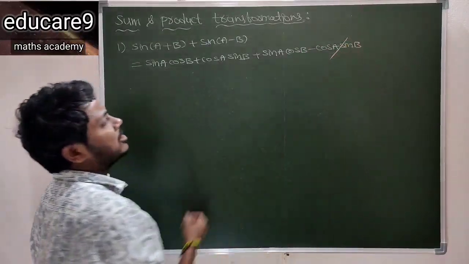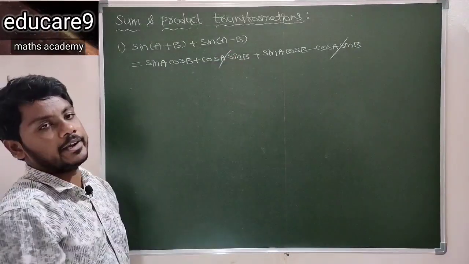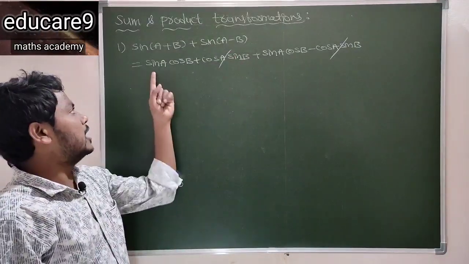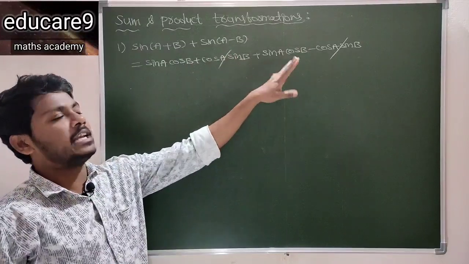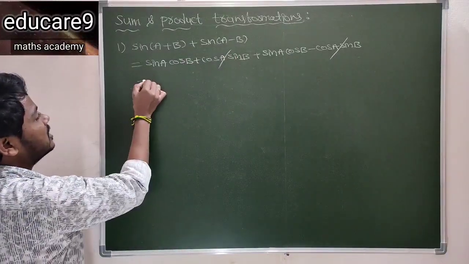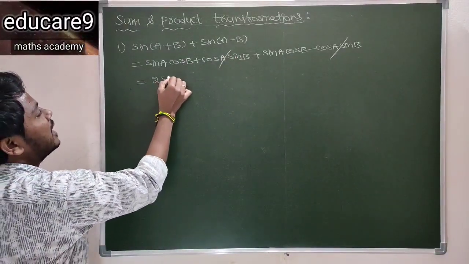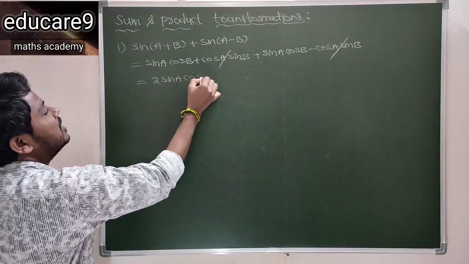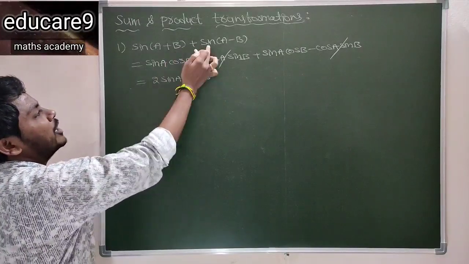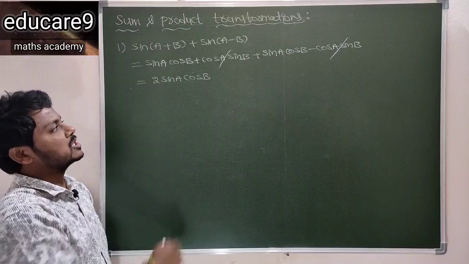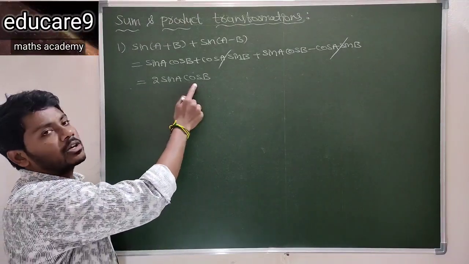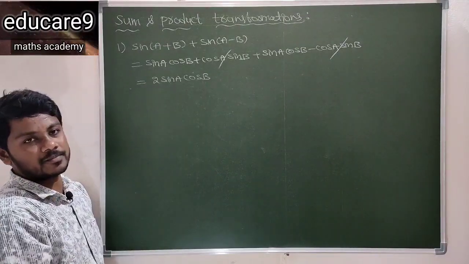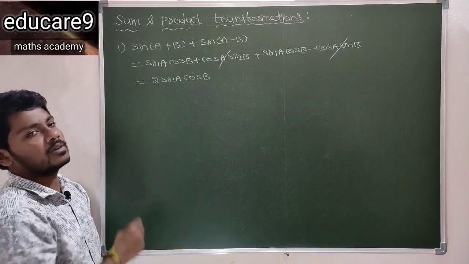So clearly minus cos a sin b plus cos a sin b get cancelled. So clearly this is sin a cos b plus sin a cos b. So this is equal to what? 2 sin a cos b. So the sum of two trigonometric ratios transforms into a product of two trigonometric ratios. Okay. So this is the first formula.